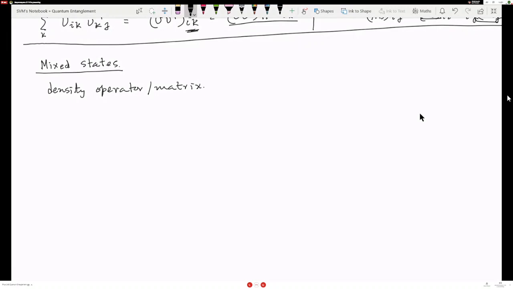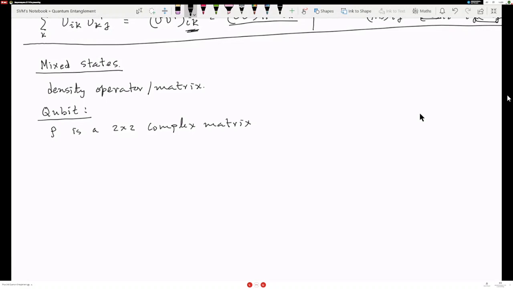So let us look at a simple qubit case. For a qubit system, the density matrix, let's say rho, is a 2 by 2 complex matrix.